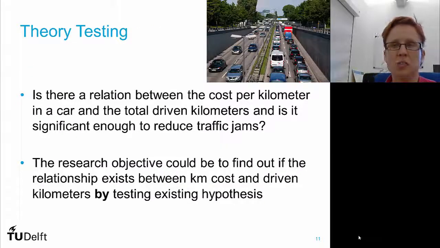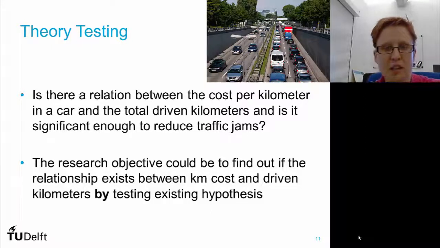Theory testing is where you actually test a theory. Like, I have a theory that there's a relationship between the cost per kilometer in a car and the total driven kilometers. And is this relationship significant enough to reduce traffic jams? That's the theory. Well, the research objective could be to find out if the relationship exists between kilometer costs and driven kilometers by testing that hypothesis that I've just put in front of you.